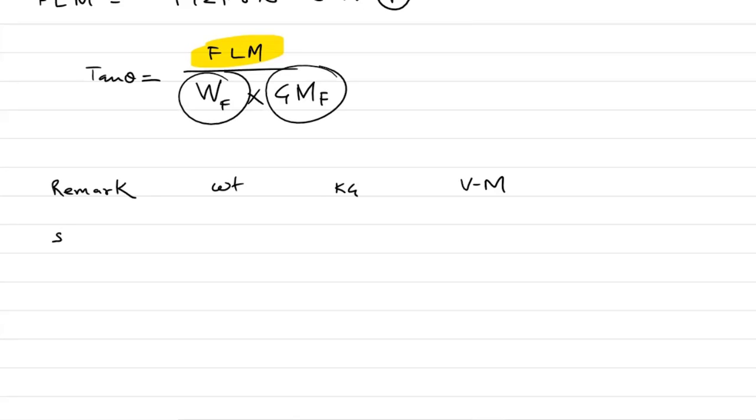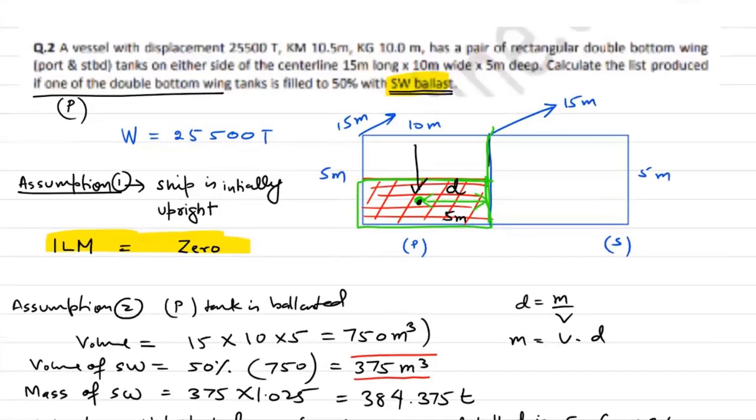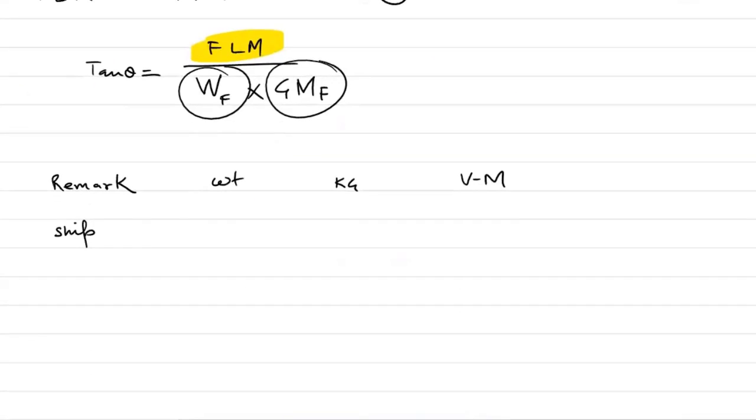So the remark is ship. How much is the ship? 25,500 tons. By the way, let's write the unit: tonne-meter.